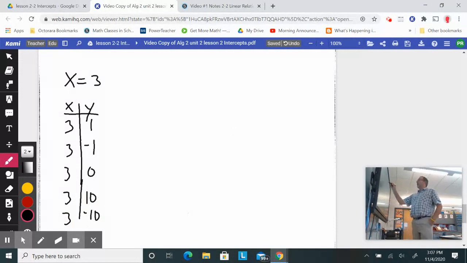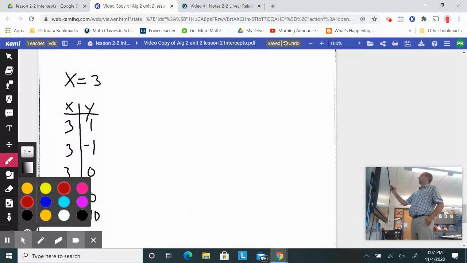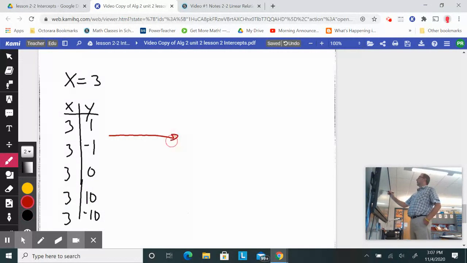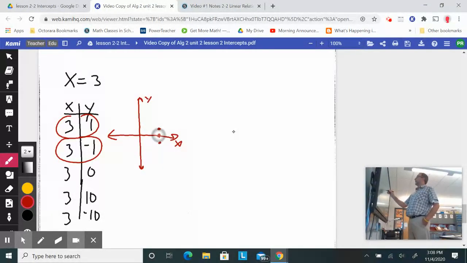Now, when you go to graph that, let me use red for my x-axis and my y-axis. Graph 3, 1. If x is 3, y is 1, it's right there. 3, -1 is right there. 3, 0 would be the x-intercept.